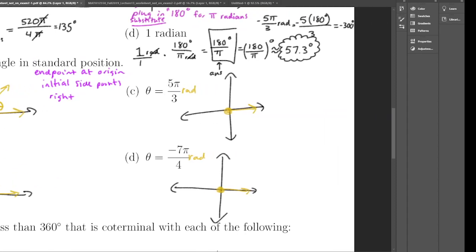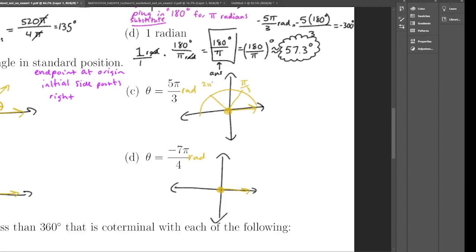Over here, 5 pi over 3 radians. The first thing to notice about 5 pi over 3 is that 5 over 3 is bigger than 1, right? That's not a proper fraction. And so this thing is bigger than half a circle because pi is half a circle. Pi over 3 would be if we take this first half a circle and break it into 3 equal parts. This would be pi over 3.